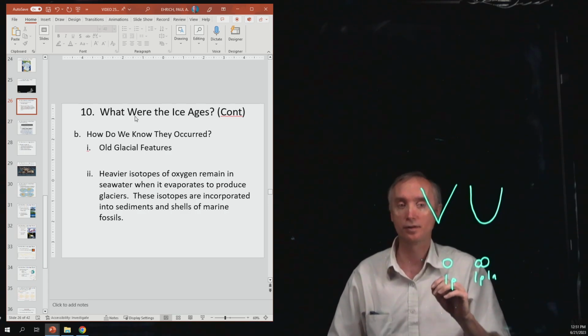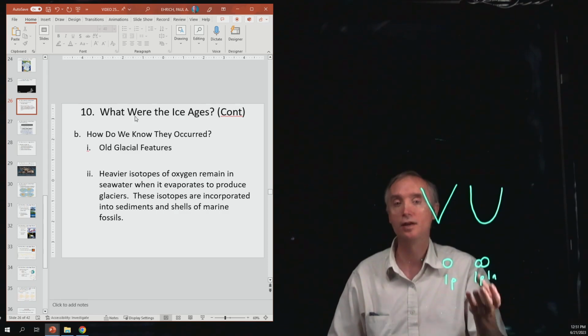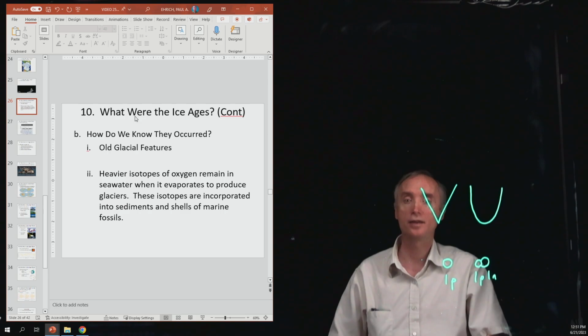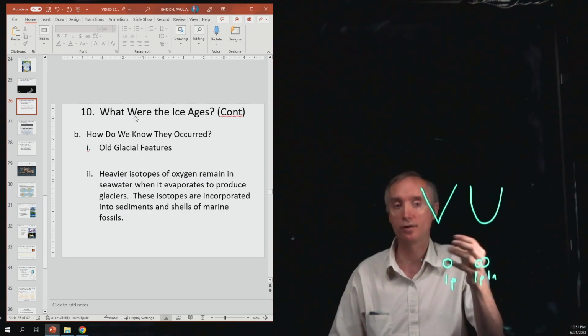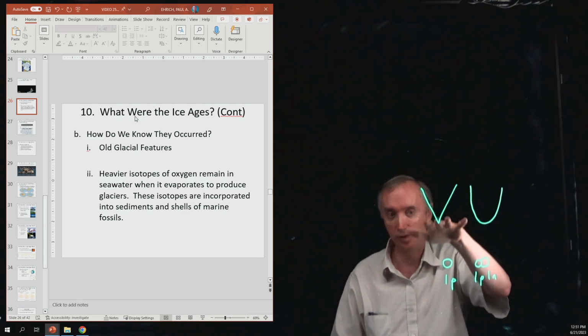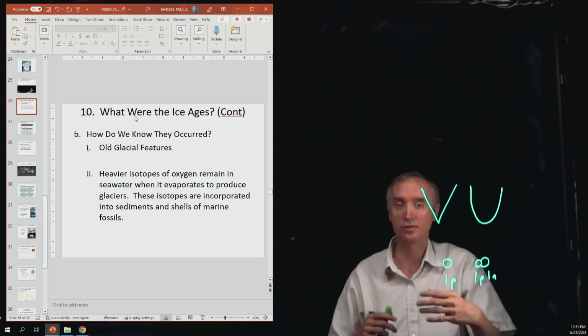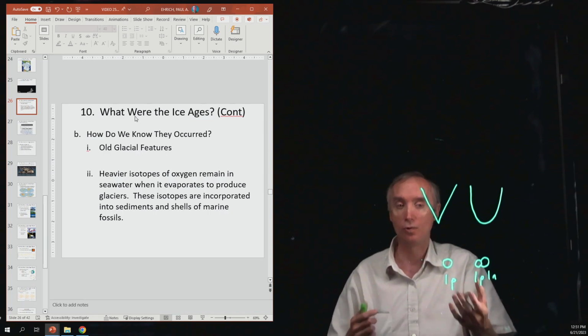And so that means that the lighter isotopes are going to be incorporated into the ice that's going to make the glaciers. And then the heavier isotopes that are left behind in the ocean can be incorporated into the shells of marine organisms.